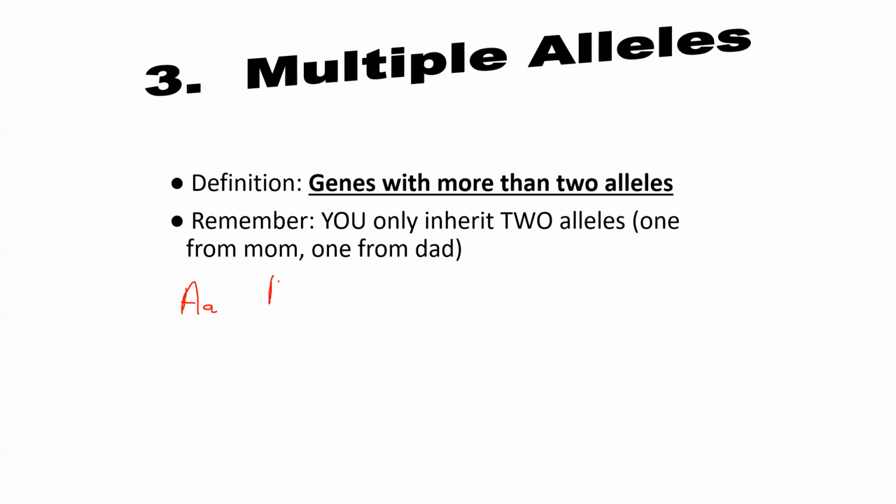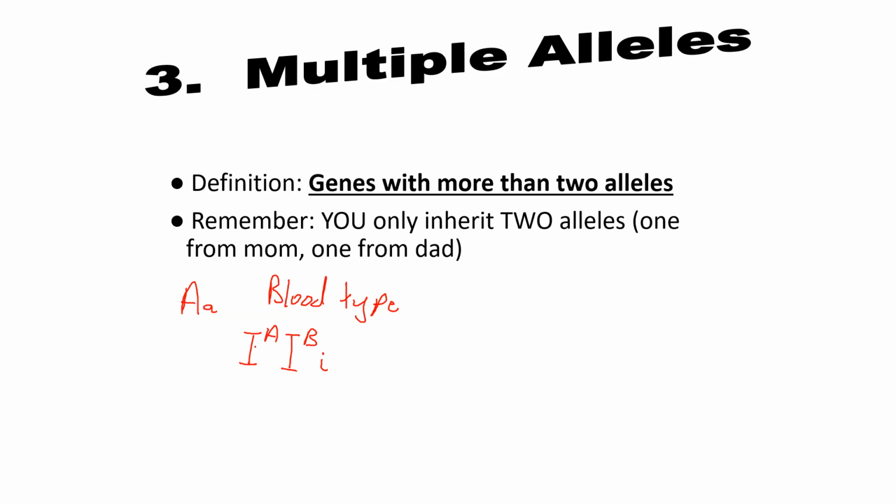Now, blood type is a good example of multiple alleles because in blood, you can have allele A, allele B, and then there is the allele for blood type O, right? Now, you notice the way I wrote A and B, right?